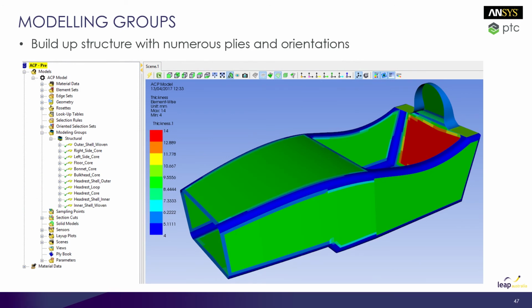So we just repeat that process, build up our structure's thickness. This is a completed model. You can see that we've built up our thickness to various degrees using a combination of different fabric shapes, fabric thicknesses, and ply orientations.